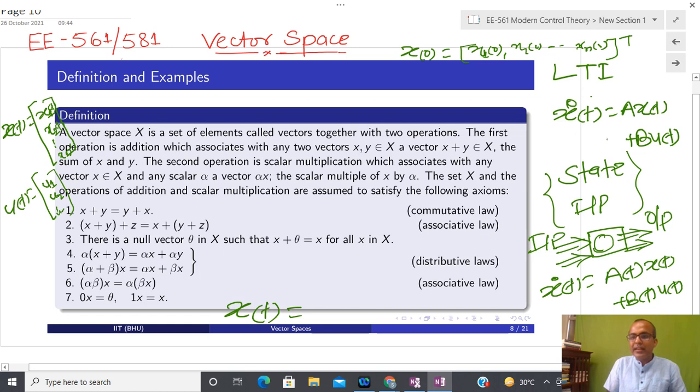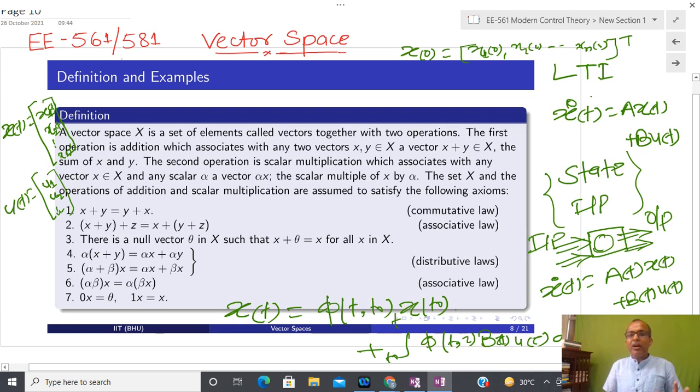In common language, I have the state transition matrix Φ(t, t0) times x(t0), plus an integral from t0 to t of Φ(t, τ) B(τ) u(τ) dτ, since I am taking the integral with respect to τ. So this is the generalized solution.